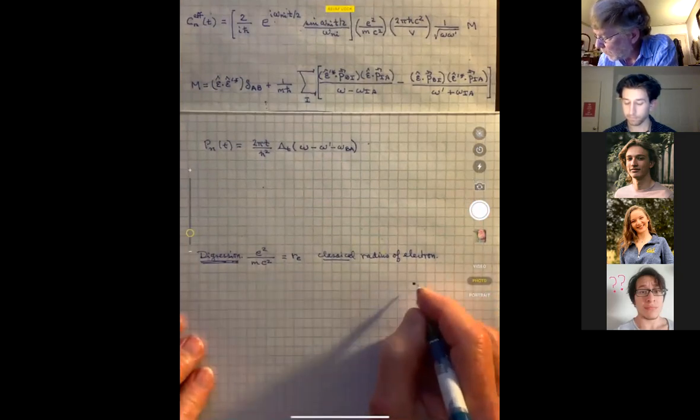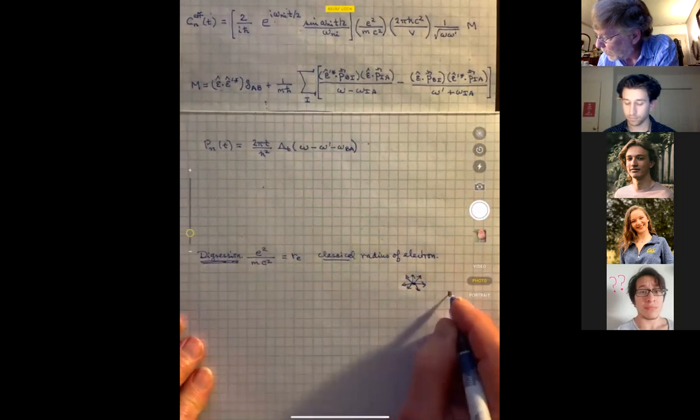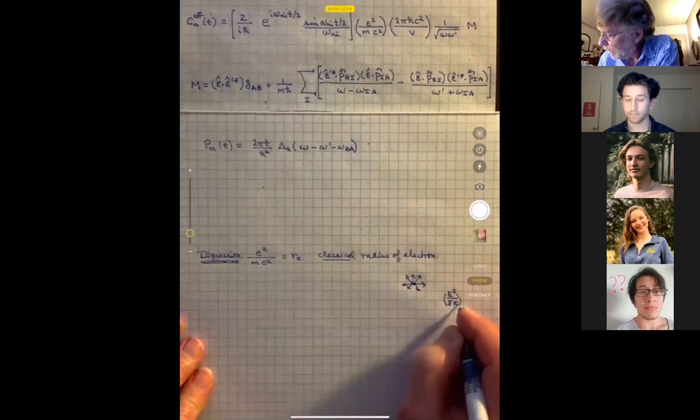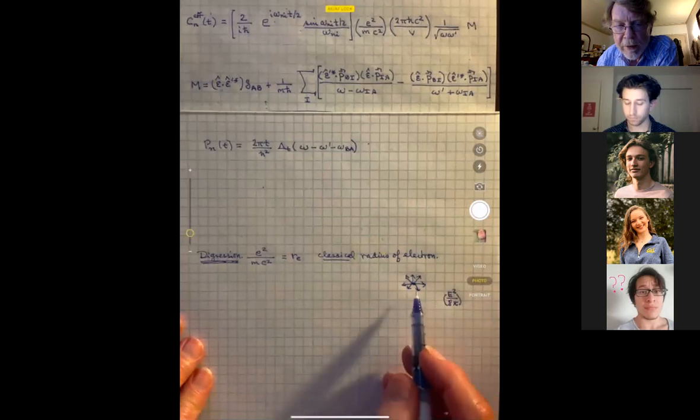I think I've mentioned this before, but the electric field from a point particle, by Coulomb's law, gives rise to an energy density E squared over 8 pi, such that if you integrate it over all of space, you get an infinite answer. So if you believe that energy is equal to mass in accordance with relativity theory, then the amount of energy contained in the field of a point particle is actually infinite.